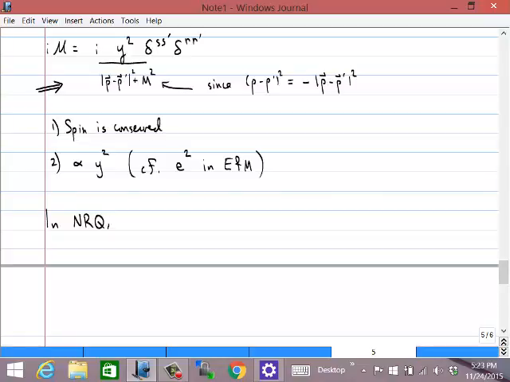So in non-relativistic quantum mechanics, if you want to study scattering of a particle from a potential, then the easiest way to do that is to use the Born approximation.